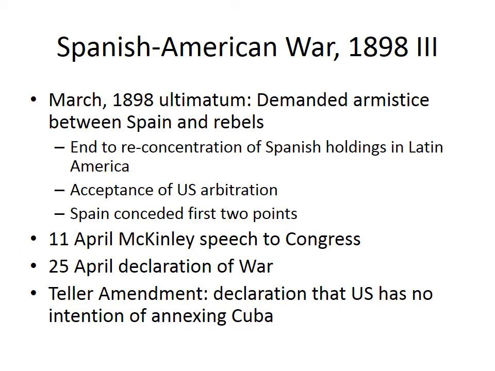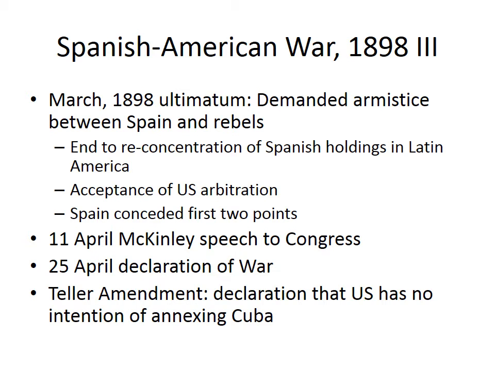In March of 1898, the United States will issue an ultimatum to Spain, demanding an armistice between Spain and the rebels, an end to the reconcentration of Spanish holdings in Latin America, acceptance of U.S. arbitration in the situation in Cuba, and Spain will concede these first 2 points.